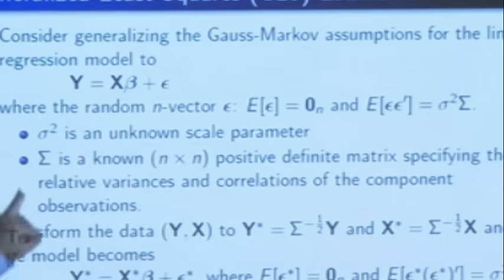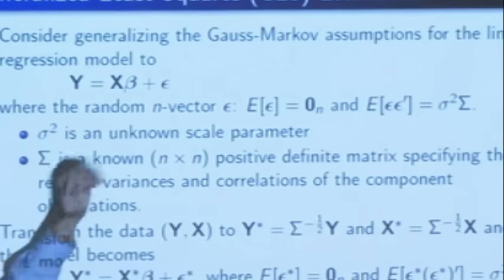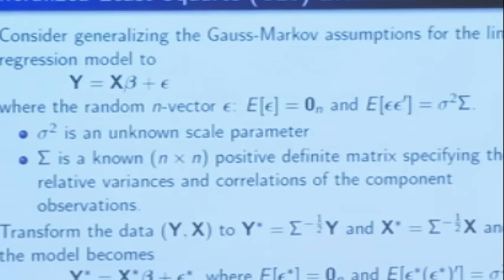We're basically multiplying this regression model by Sigma to the minus a half across. And epsilon star actually has covariance matrix equal to sigma squared times the identity.